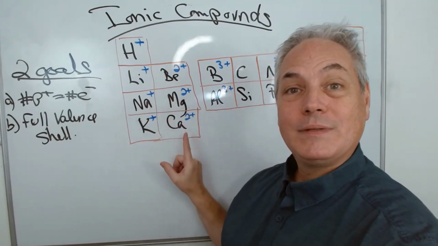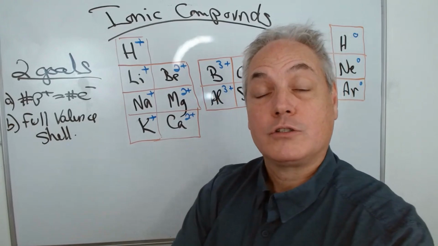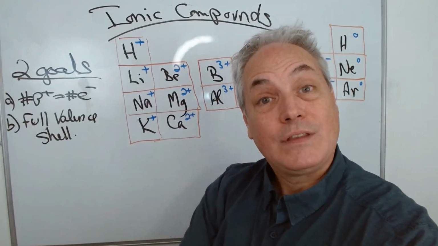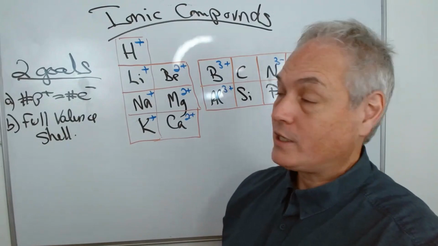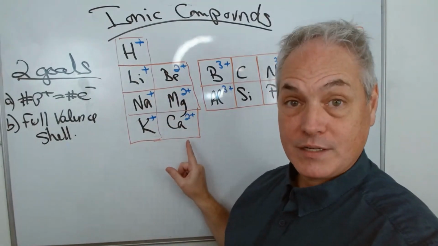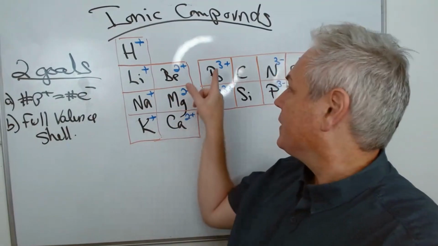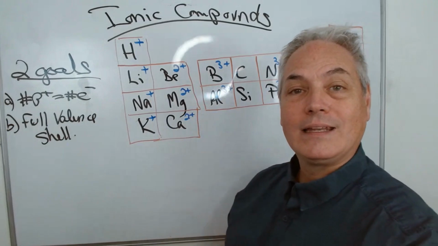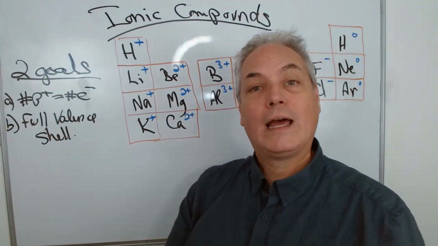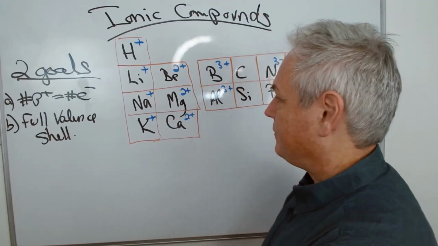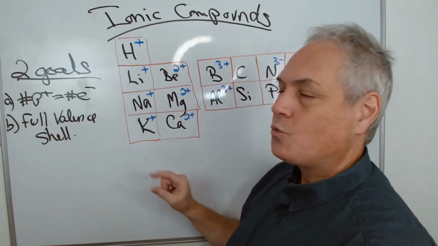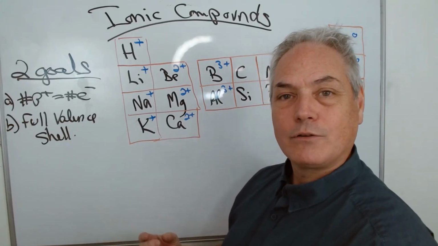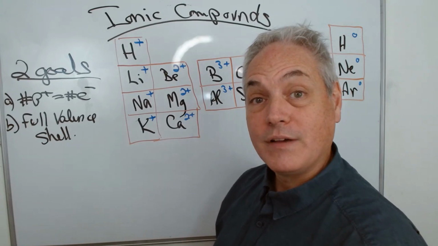Now, barium, magnesium, and calcium have 2 electrons on the outer shell. If that's the case, they will give 2 away to end up with a full valence shell, and therefore would have a positive 2 charge. And here we have aluminum and boron that would have 3 positive. So here, metals in the periodic table would give electrons, and therefore they would become positive ions.